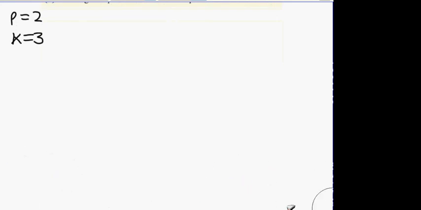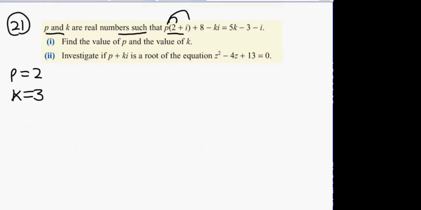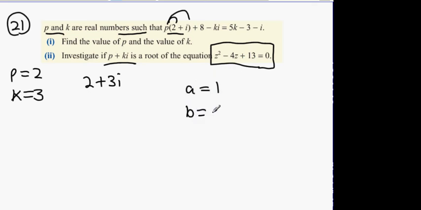Here's a question, guys. Do we even need the first part to answer the second part? So, if P plus 2K is a root, well, this means 2 plus 3i is a root. But, as I've told you already, all you guys need to do is the one method. A equals 1, B equals minus 4, minus B plus 4, C equals 13, okay?